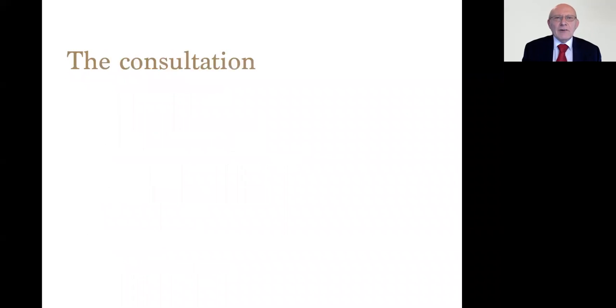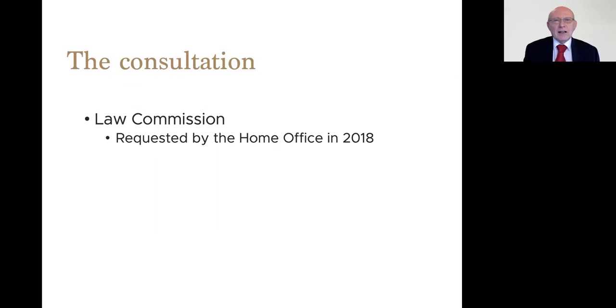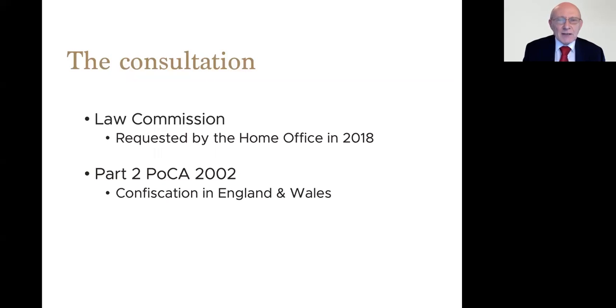So let's move on. The consultation, as you will have heard me say previously, if you've listened to parts 1 and 2, is a Law Commission document that was requested by the Home Office back in 2018. They're looking at part 2 of the Proceeds of Crime Act 2002. So that is confiscation in England and Wales. But one assumes that whatever they say will also be considered in the context of confiscation in Scotland, confiscation in Northern Ireland.